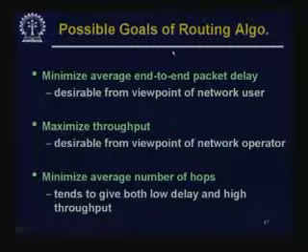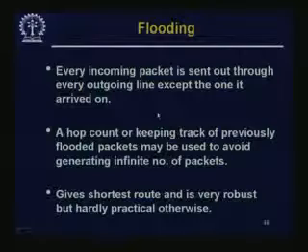Possible goals of routing algorithm may be minimize average end to end packet delay, maximize throughput, minimize average number of hops. Another way we do route is to flood. By flooding means this is some kind of a broadcast. So, a router, if it wants to flood something, it will send the same message to all the routers who are connected.